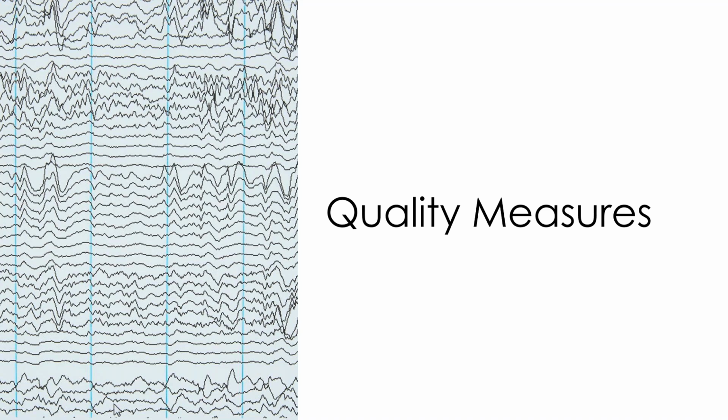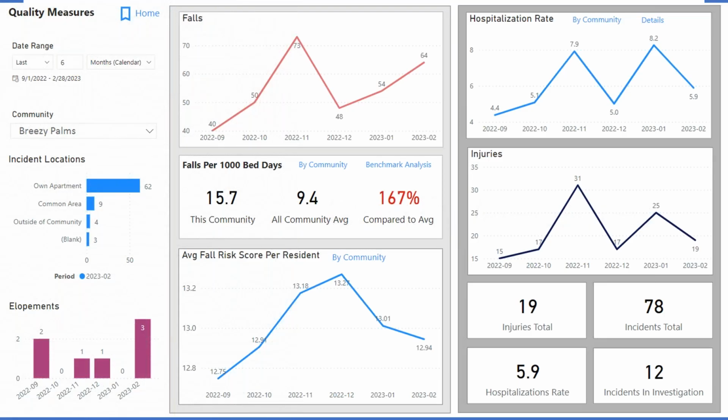The second use case I'm going to cover is quality measures. It's an important aspect to census, obviously, and just the satisfaction of residents. So we've built out a scorecard approach. This is showing a few different areas of quality.